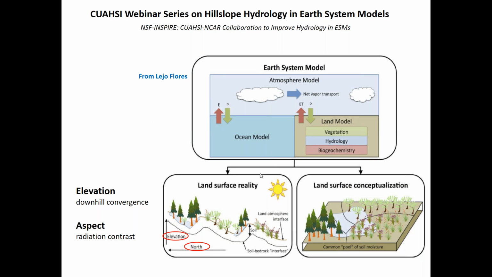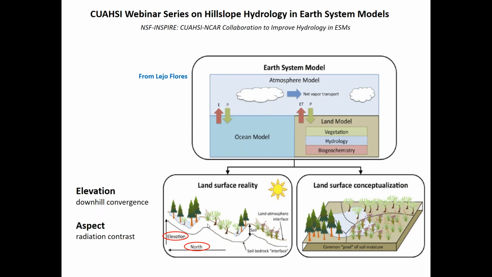And again, on the lower right panel, this figure that I borrowed from Leho Floors shows a large model grid that has plant functional types and a fractional snow cover, but it does not have topographic relief or hillslope hydrology, captured by the lower left cartoon that shows there's an elevation difference, the hills to valleys, as well as aspects, the sunny and the shady side of slopes.